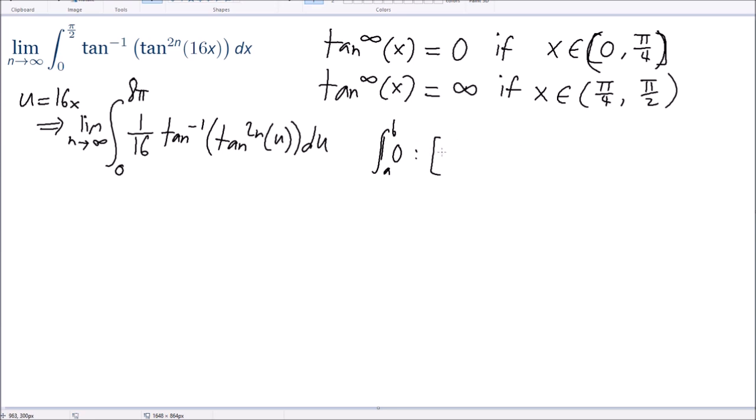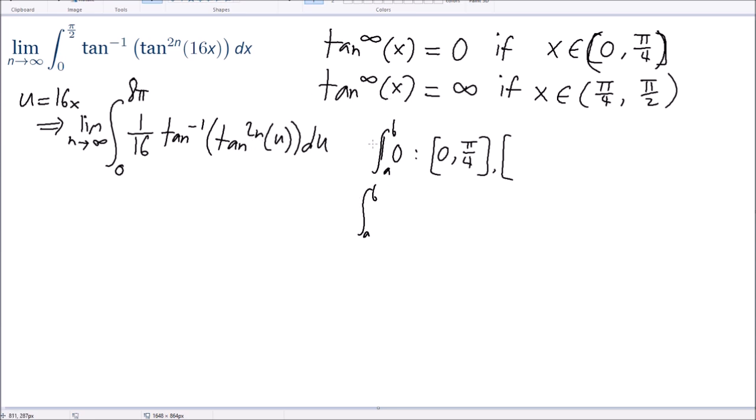The bounds would be starting from 0 to pi over 4, right? Okay, and then what's next? Then from pi over 4, next would just be going to infinity. Well, be careful. We're going inside.